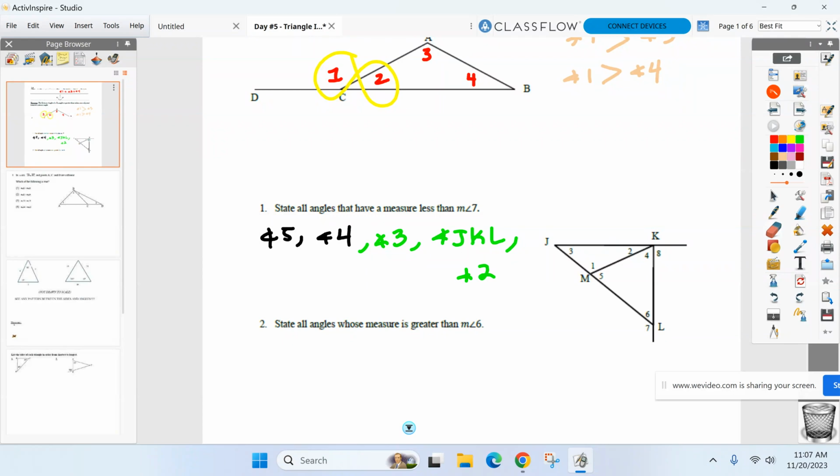What was the other one you said? It's the same as 7. JKL. It's the same as 7. It's just not right.